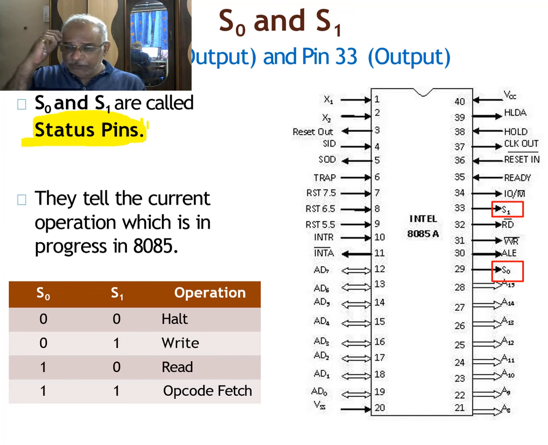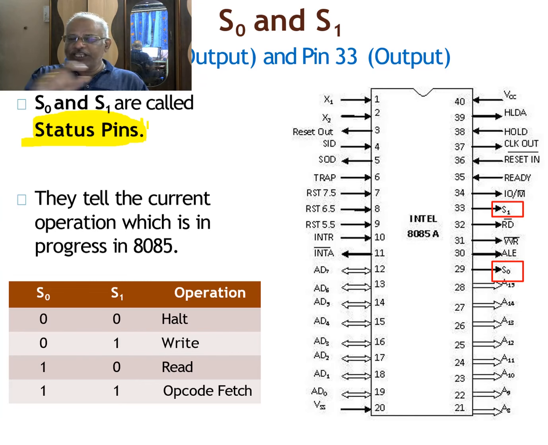And for that purpose, it is very important for all peripheral ICs to know what microprocessor 8085 is doing at this time, and when microprocessor 8085 wants to communicate to all other ICs what it is doing.